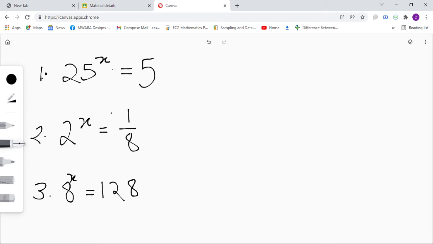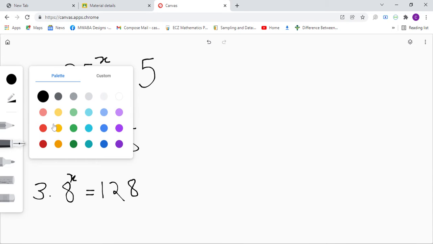So here, the secret is that the bases on both sides, on the left-hand side and on the right side, should be equal. All right, so for number 1, we know that 25 is the same as 5 squared.